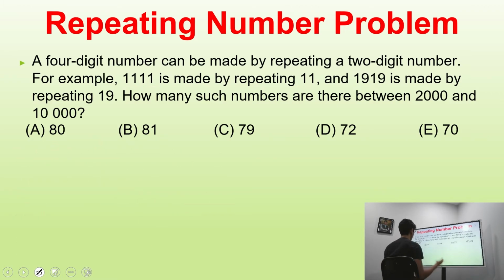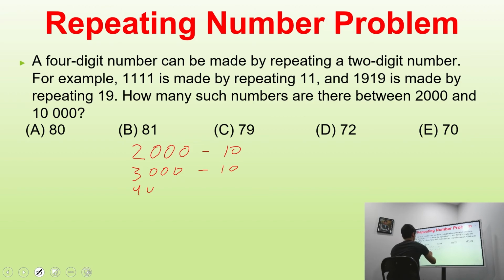So now, since we know that every single thousand is equal to 10, there are 10 numbers in each thousand. We now just need to find out how many such numbers there are between 2000 and 10,000. So I'm going to write all the numbers again, bigger. We have 2000, which is equal to 10. We have 3000, which is also 10.